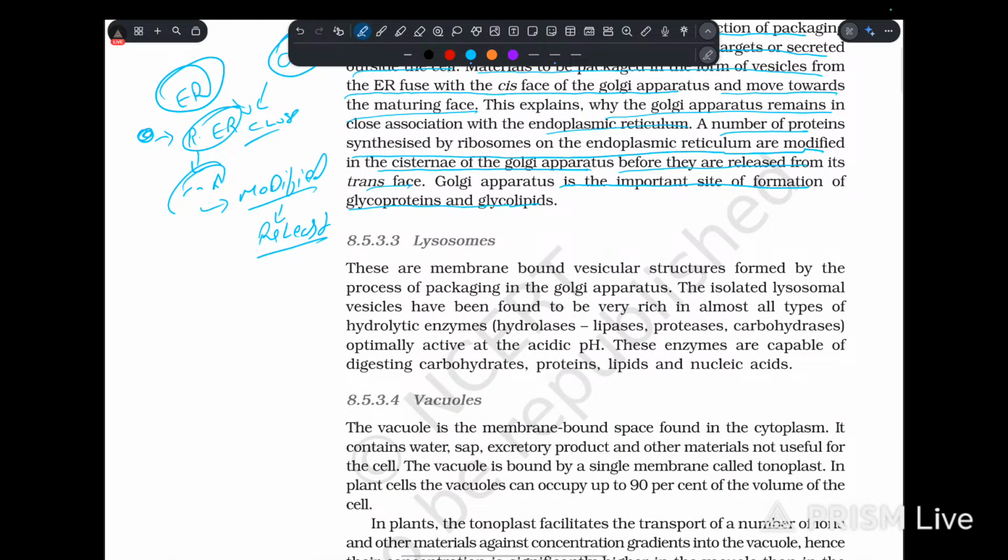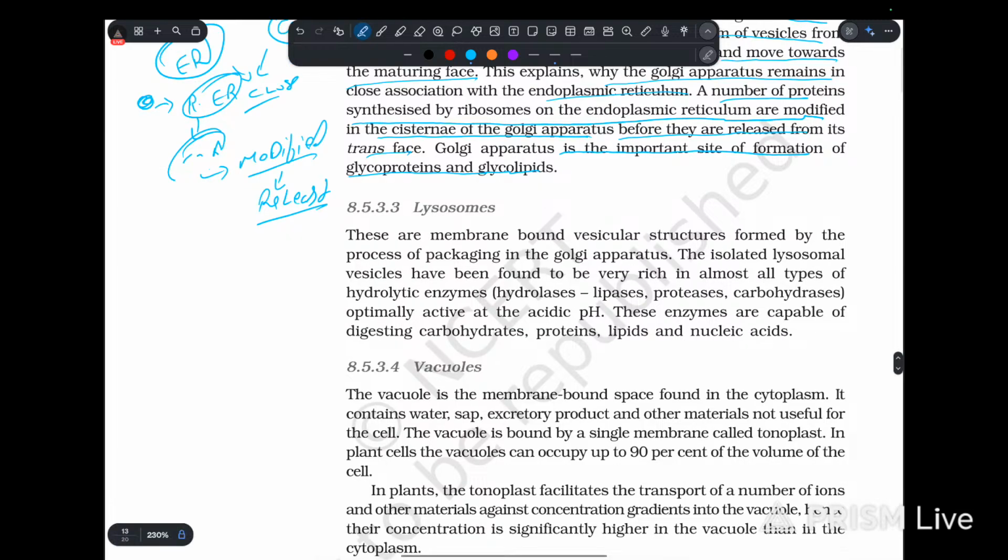Proteins which are sent from the endoplasmic reticulum are transformed into glycoproteins, and lipids which are sent from the smooth endoplasmic reticulum are converted into glycolipids.